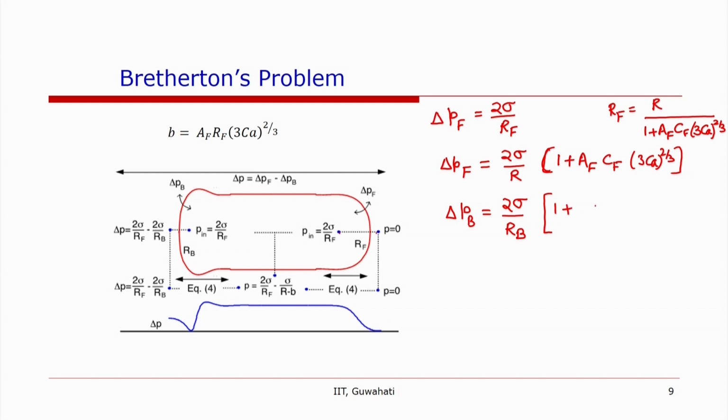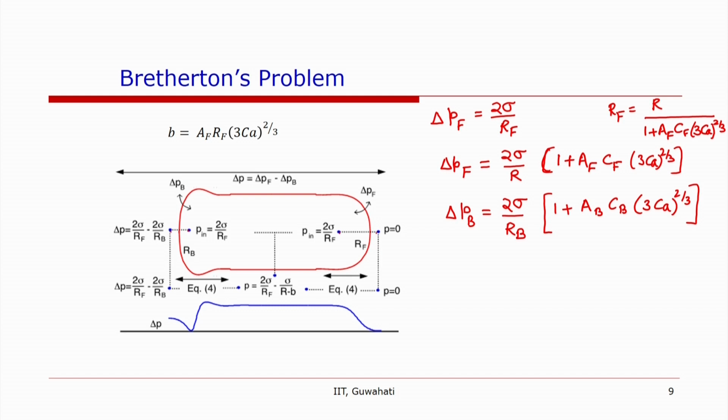So we will have those subscripted as Ab and Cb. So 1 plus Ab Cb (3 Ca) raised to the power 2 by 3. That will be the pressure difference inside the bubble and outside the bubble near the back in the liquid.